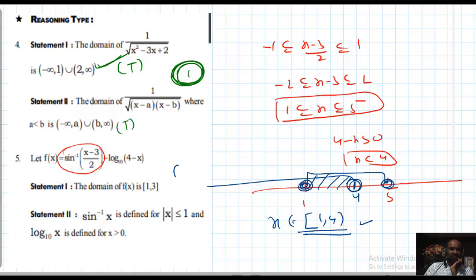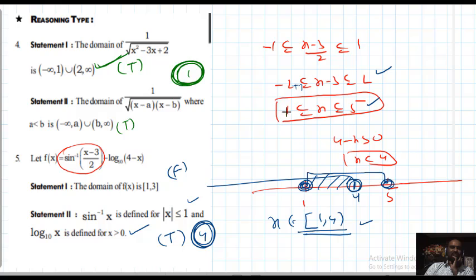Wrong, I think this one is false. Sin inverse of x defined, this is correct only. So the fourth option is correct, or you need to cross-check. Minus 1 less than x minus 2 less than 1, this step is correct, added 3: 1 only, 5 only.